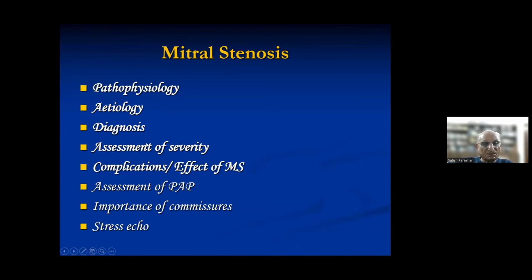So you have got a lot of them, but then you have to see the complications or effects of mitral stenosis, all of which you have to write in your report. Complications can be that the patient has atrial fibrillation, he can get a cerebral stroke or heart failure. But what is the effect of MS?